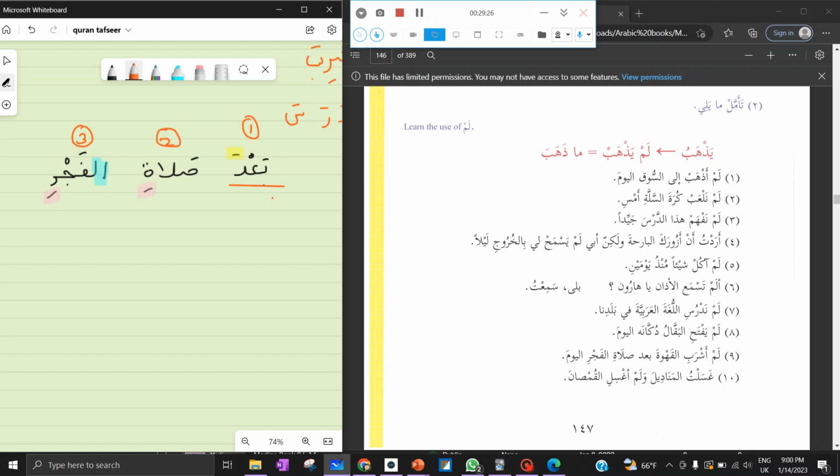So this is in the position of mudaf. The mudaf always carries a single haraka. In this case, it is a zarf, and a zarf always carries a single haraka. But for any other noun, if I say Kitabu Ahmadi, in this case Kitabu is the mudaf, so it will have a single haraka since it is in the position of mudaf.